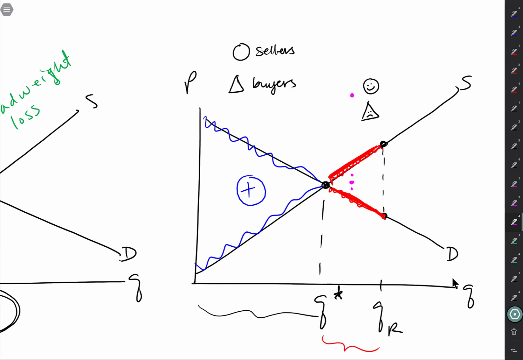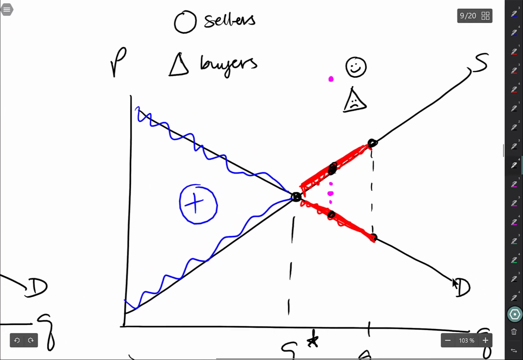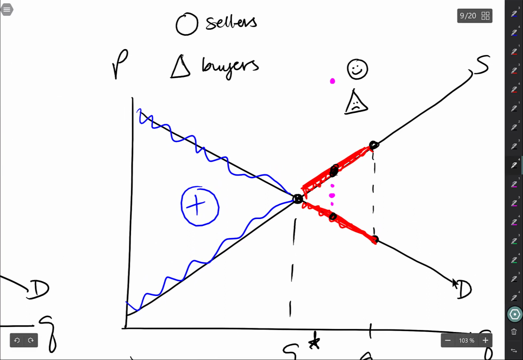That is below cost, right? Because the cost is right here for that unit, and here's what buyers value it at. And so what's the result here? If the price is below cost, then sellers are not happy.